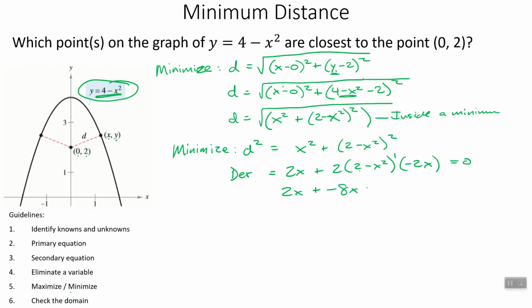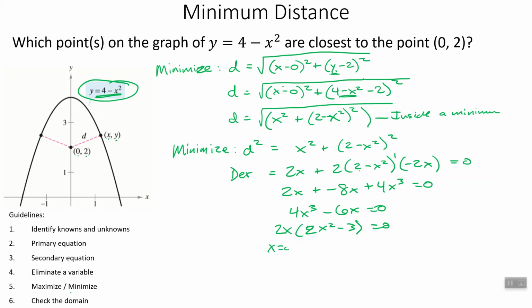Negative 4x times negative x squared is positive 4x to the third, equal to 0. We can factor out an x from everybody, and we can actually put these two together first. We'll get 4x to the third minus 6x. Factor out 2x. We'll be left with 2x squared minus 3 equals 0.